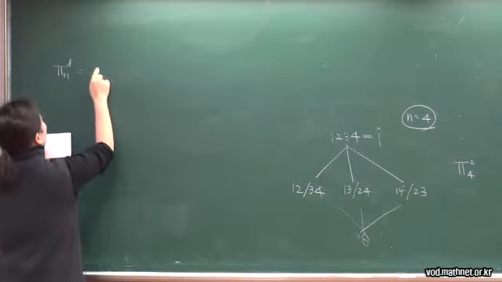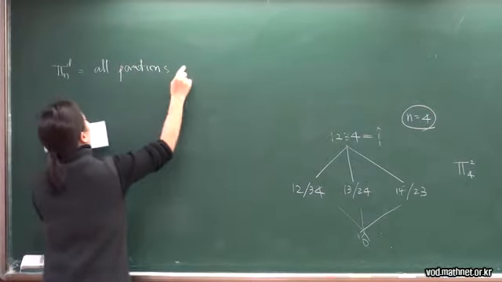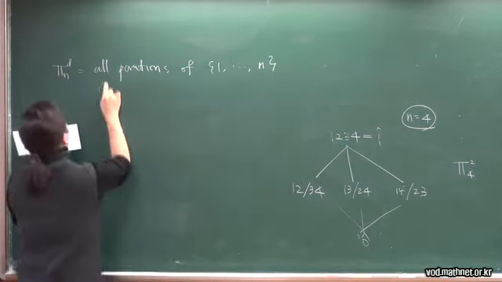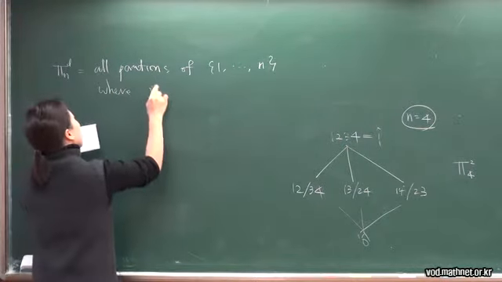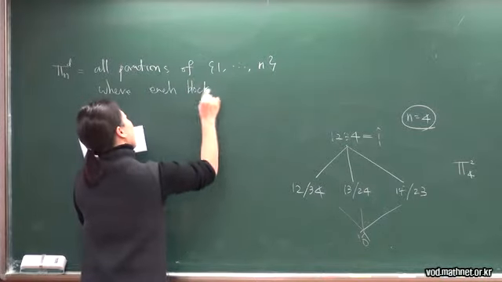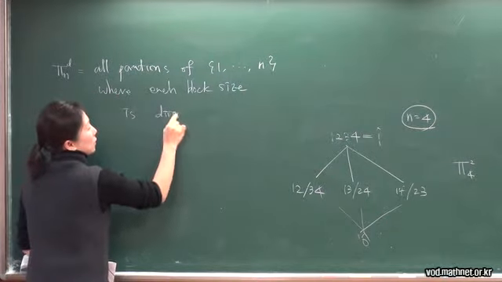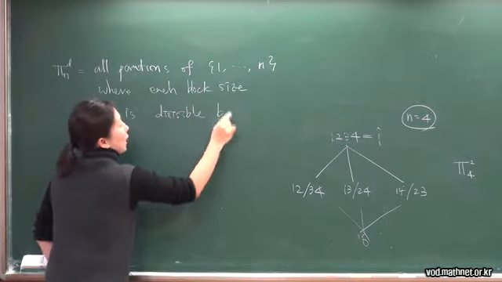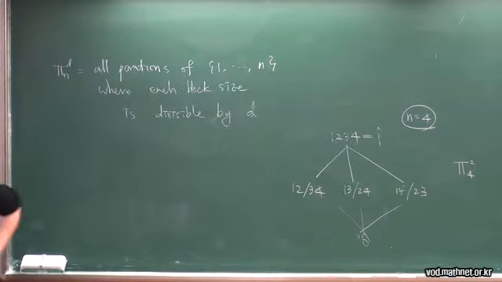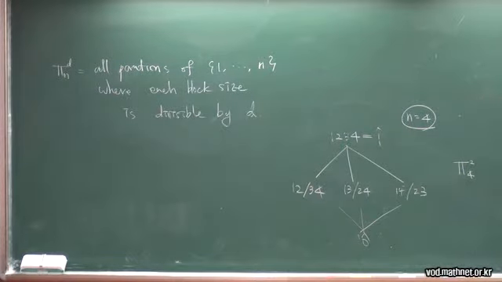So this is all the partitions of the set from 1 to n, where each block size is divisible by d. Okay, divisible by d.